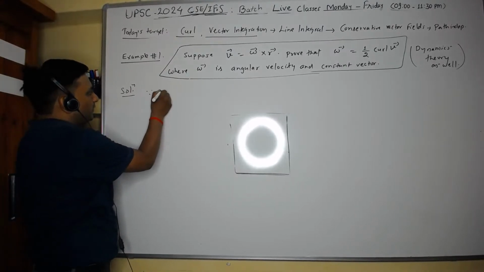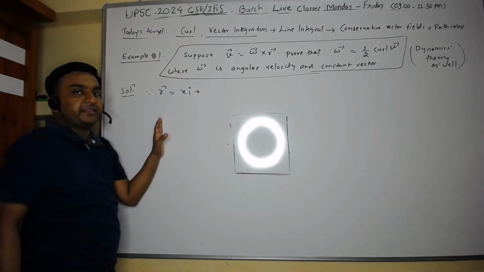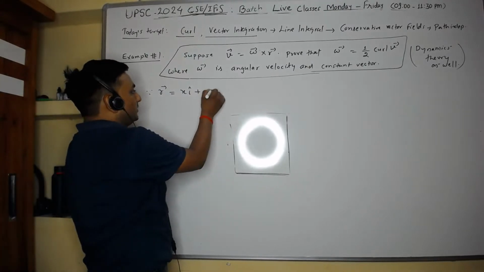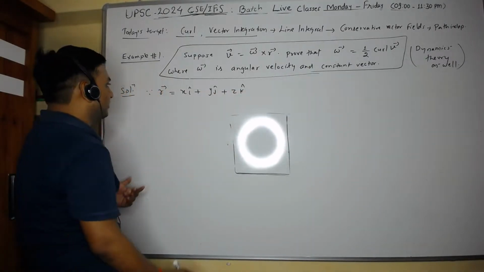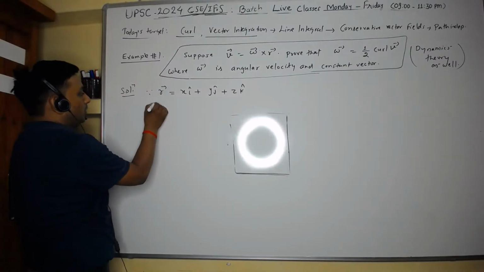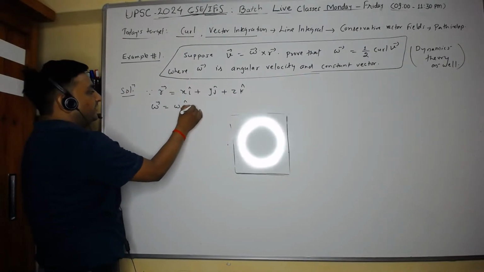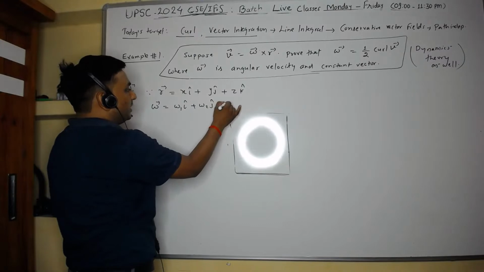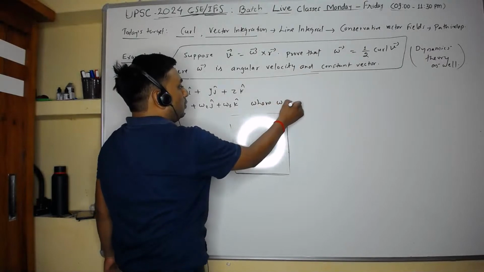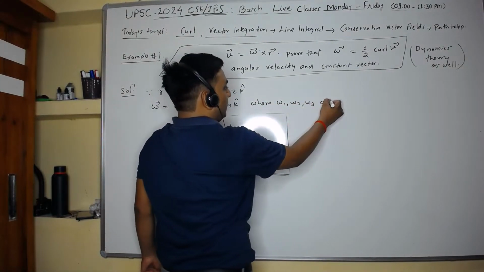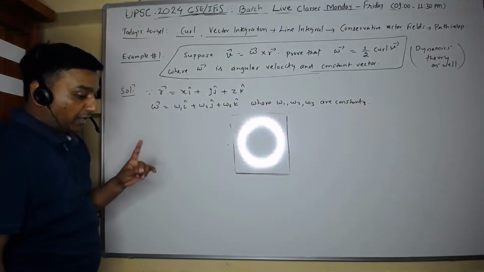What I told you, wherever r vector is written, either it is given or not, you will take that as a position vector, that is x i cap plus y j cap plus z k cap. The other is omega vector, a constant vector. So let's say I take it as omega 1 i cap plus omega 2 j cap plus omega 3 k cap, where omega 1, omega 2, omega 3 are constants.